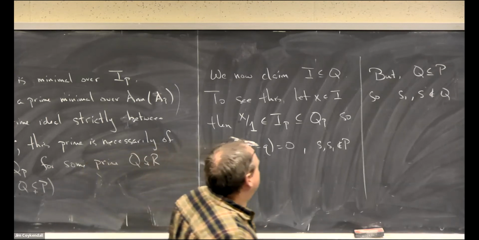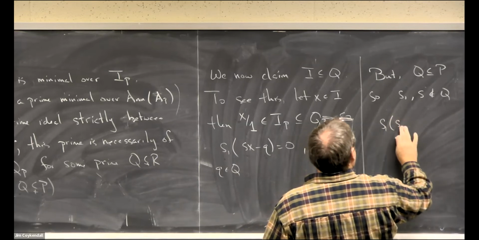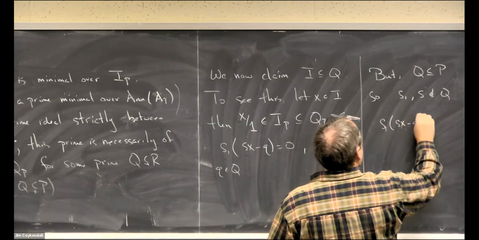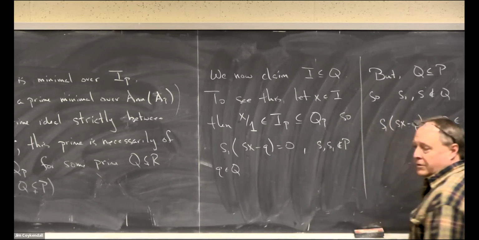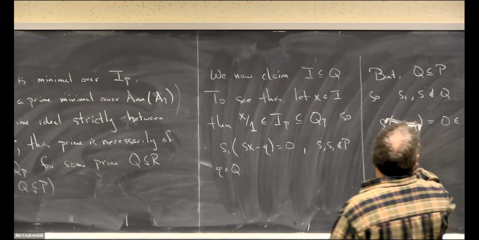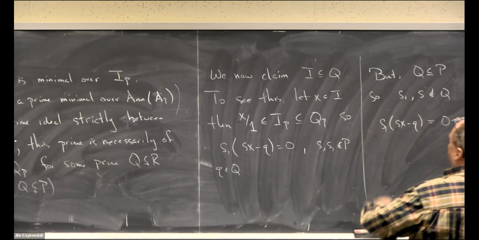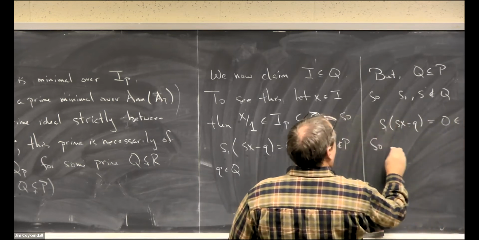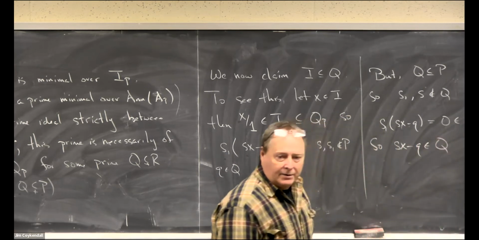Well, let's look at this equality again. The good thing about zero is it's in every prime ideal, right? Now, what have we said here? S1 is not in Q, so this product here is in Q. S1 is not in Q, so that must be the case.